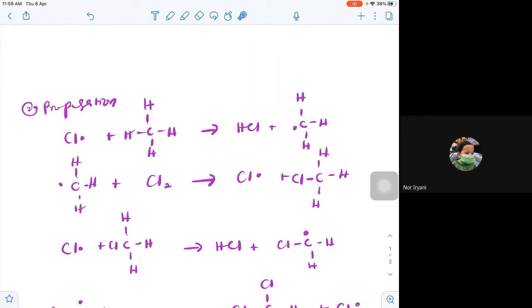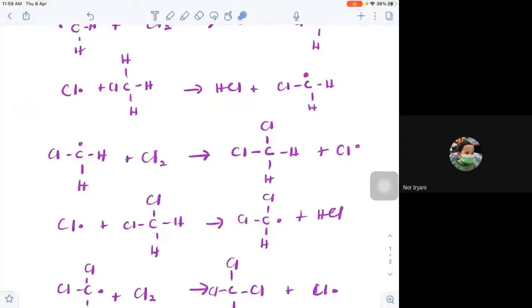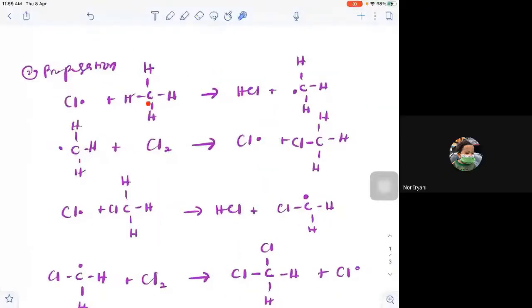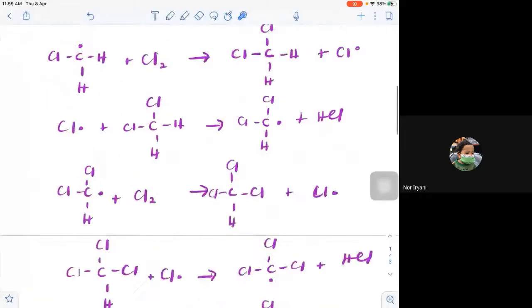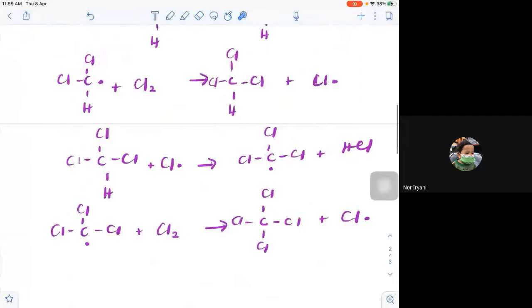But if it is in excess, or the substitution occurs to all the hydrogens that we have, then finally from methane it turns to chloromethane, then dichloromethane, then trichloromethane. Finally, it will turn to tetrachloromethane.